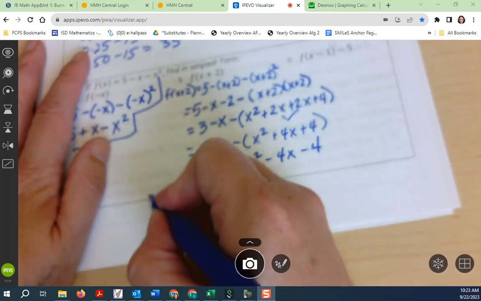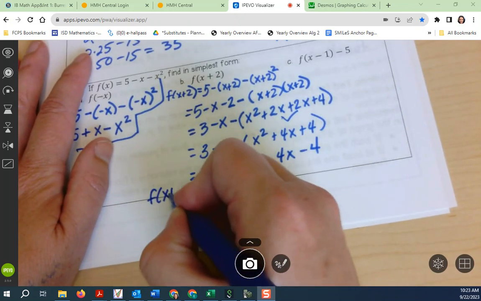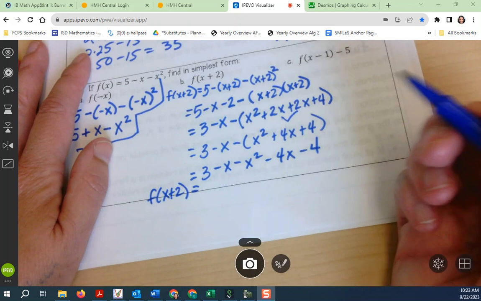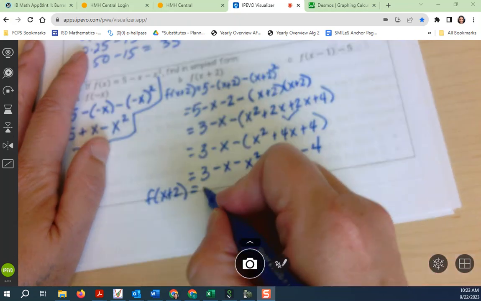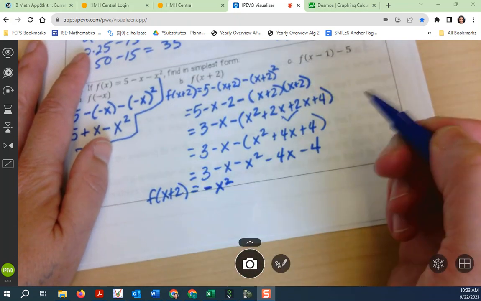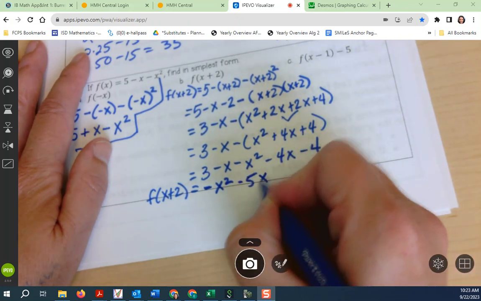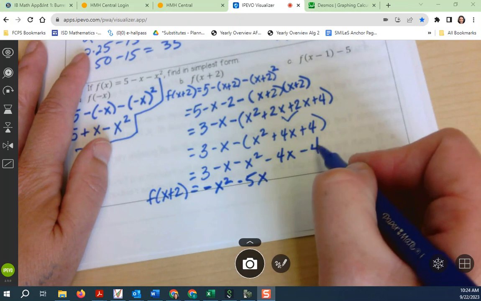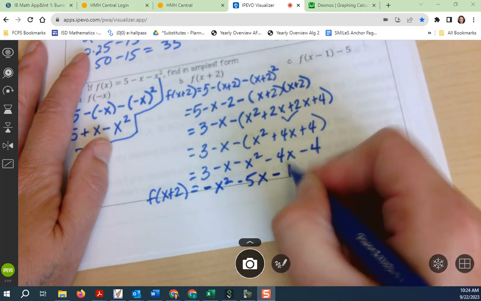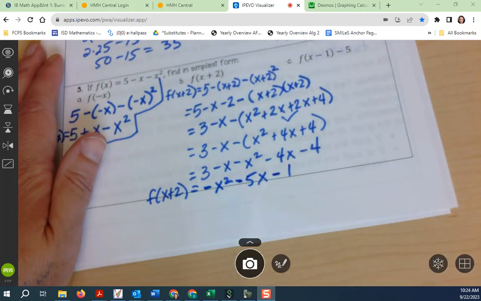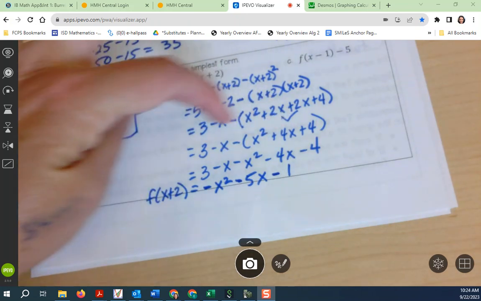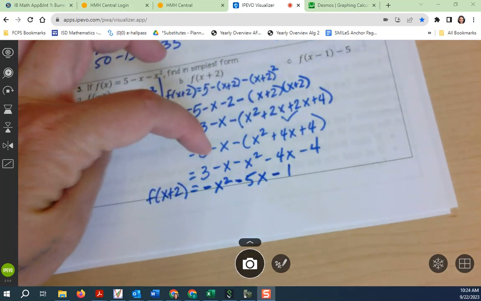And now I'm going to bring down what I found again. I found f of x plus 2. And I'm going to put this in standard form with the x squared first, negative x squared. Combining my negative x and my negative 4x to make negative 5x. And my 3 minus 4 to make a negative 1. Okay, I think that's right.